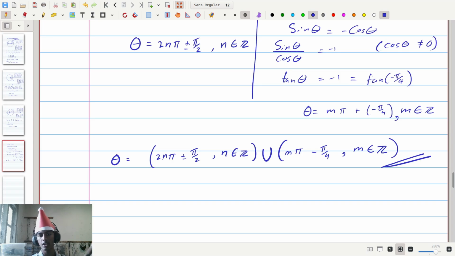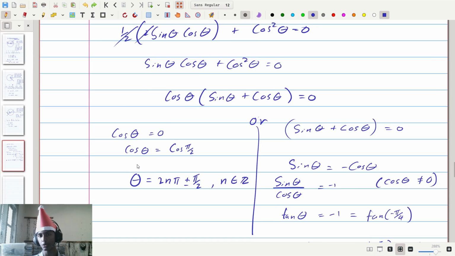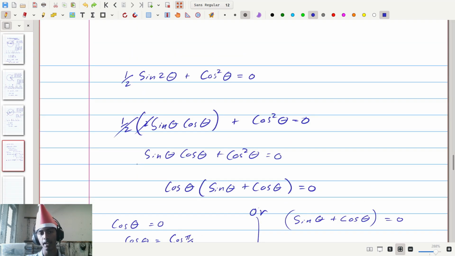It is the first set of solutions or the second set of solutions, which is what the union operator is for. This is the kind of effort you have to do in order to solve equations such as this one. Here, as I told you, a good strategy in most cases is to try to reduce every single function into sine theta, cosine theta and tan theta.